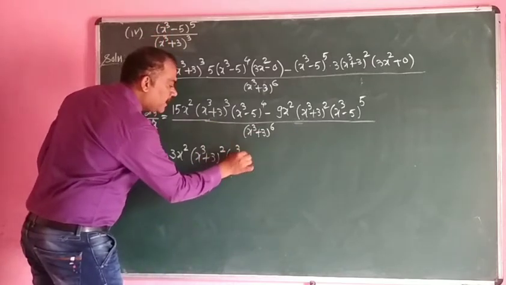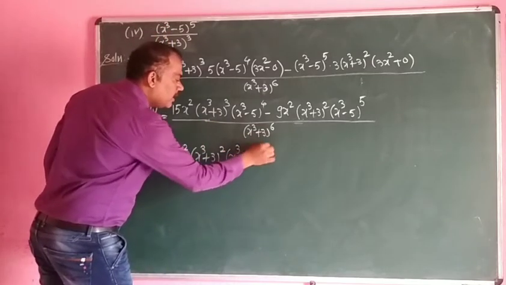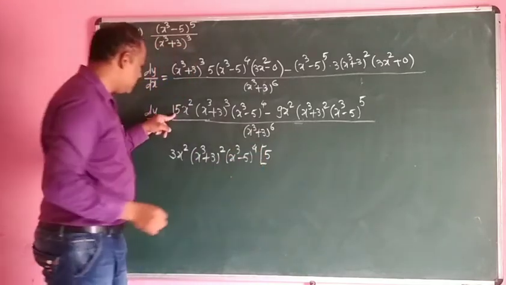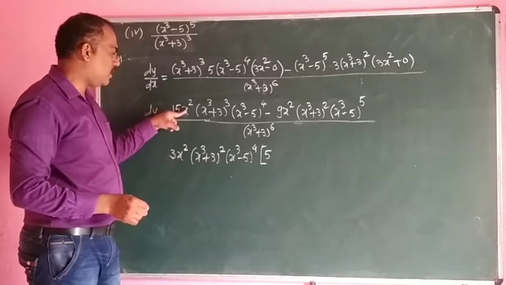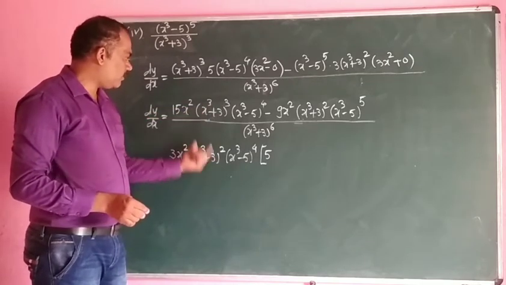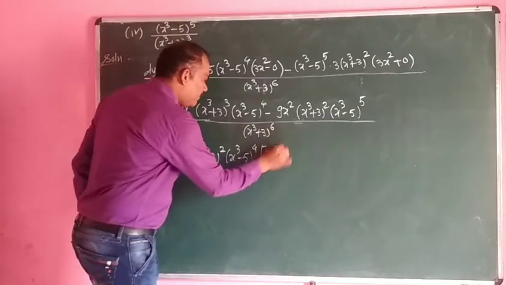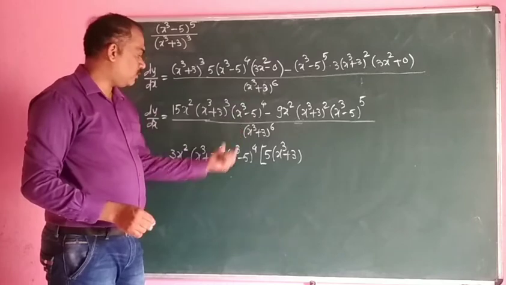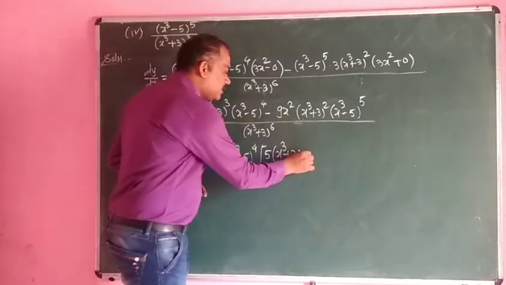(x cube minus 5) raised to 4 into, from this we have the remaining 5, 3 5s are 15, x square we have already taken common. From (x cube plus 3) raised to 3, the square we have taken common, only one factor remaining, x cube plus 3. The fourth power term we have taken common, here minus as it is.